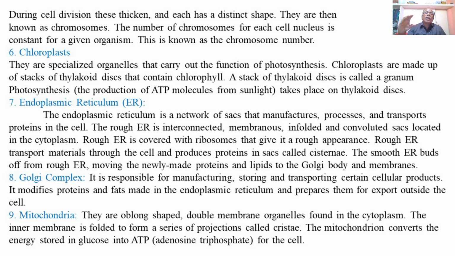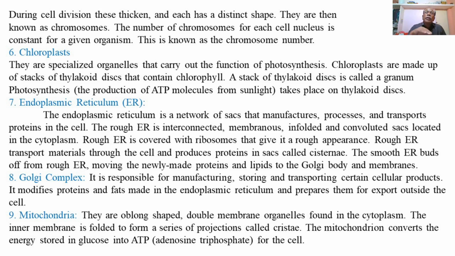So the chloroplasts are important, specialized cell organelles which carry out the process of photosynthesis, that is producing carbohydrates, or energy rich compounds. Carbohydrates are synthesized in the presence of carbon dioxide and water.